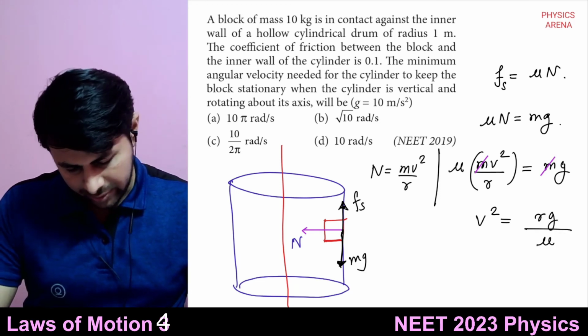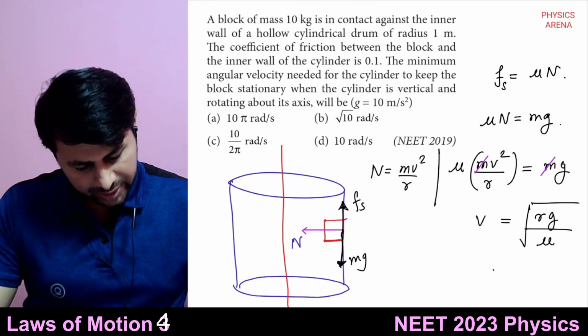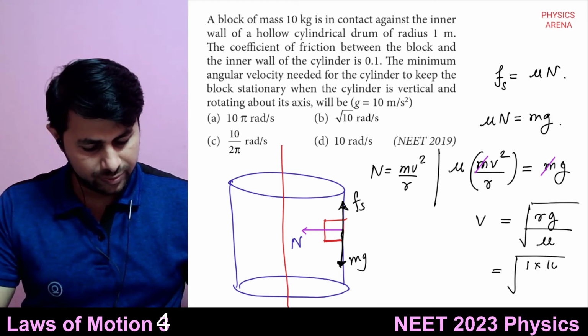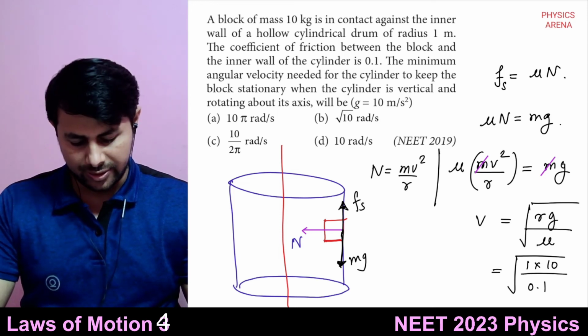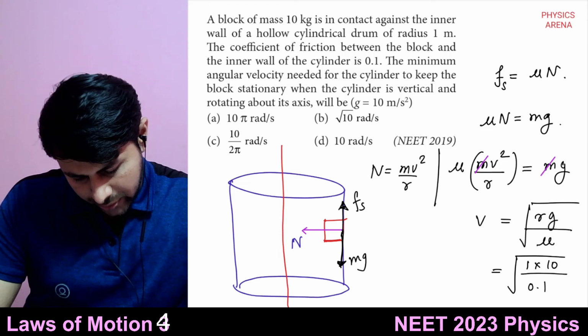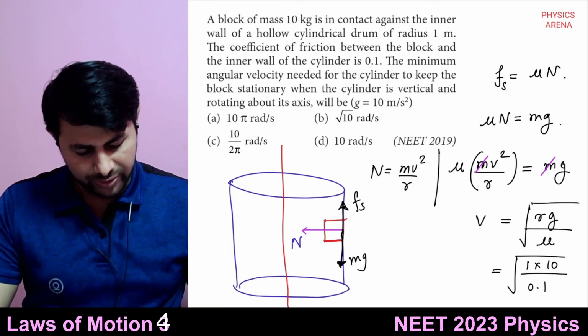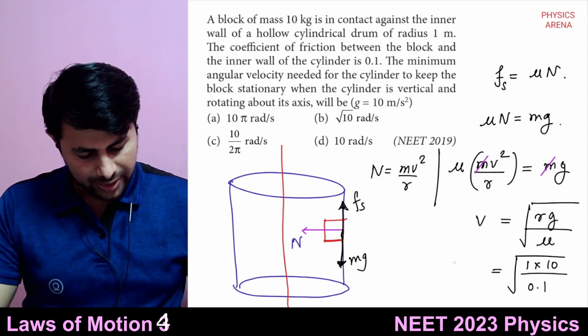So tell me what will be the answer. Radius is 1, g is 10, mu is 0.1. So square root of 100, so v is equal to 10. And you want angular velocity. So v is equal to 10 and v is equal to r times omega.